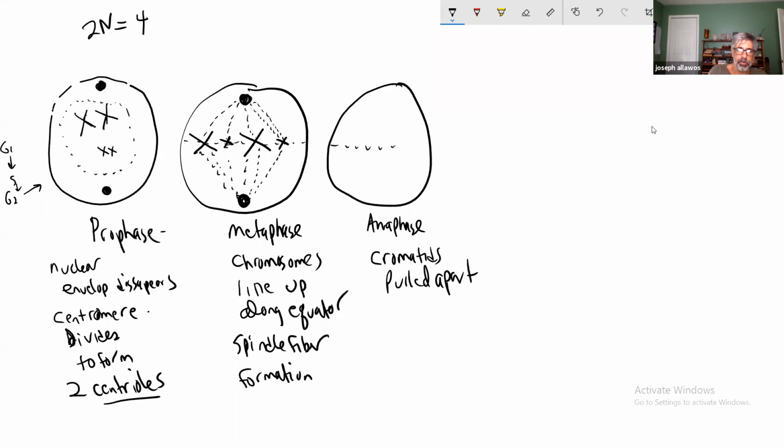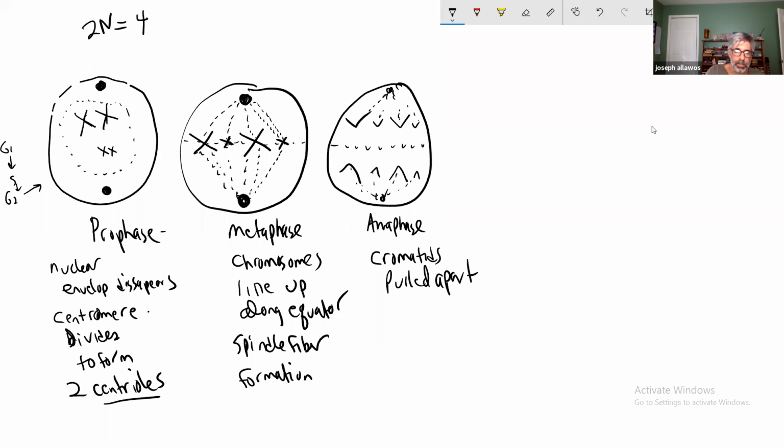Okay, so we can just show that very easily, like this. So literally those spindle fibers sort of almost reel the chromatids in on either side. So the spindle fibers start to shorten, and because they're attached to the chromatids on either side of the replicated chromosome, they're literally pulled apart. And so now look what's happening.